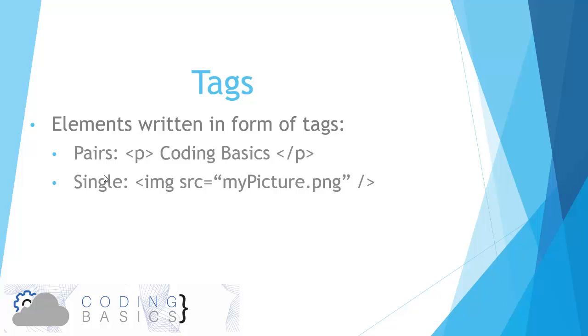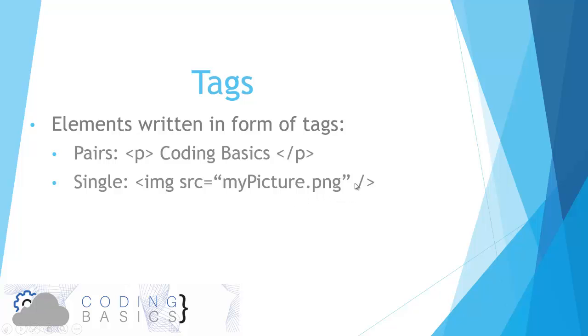Now there's also single tags. So for an example, an image. Image is just IMG, and then in this case I specified source, so you can specify values for these tags. For images you can specify source. So this is where you get the picture, or what the picture's called. You can also specify which directory to look in for this picture.